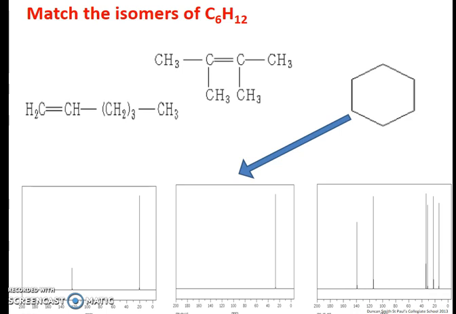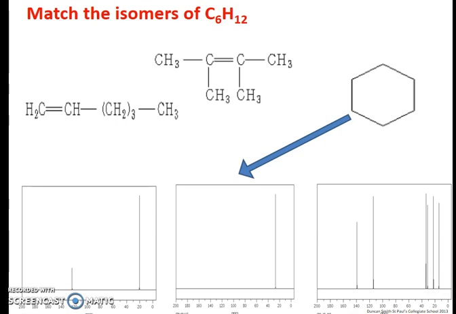The next thing you can look at is the number of carbon environments. The 2,3-dimethylbut-2-ene compound, that's the structure shown in the middle. You can perhaps see that that molecule is really symmetrical, so that actually only has 2 carbon environments. The CH3s are all identical, and the 2 carbons in the double bond are identical.